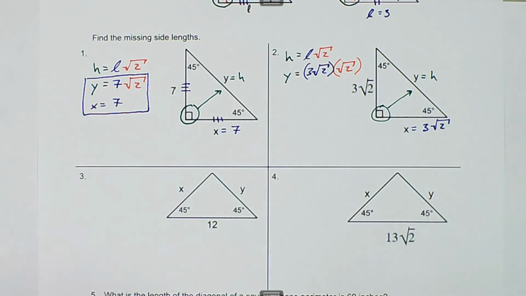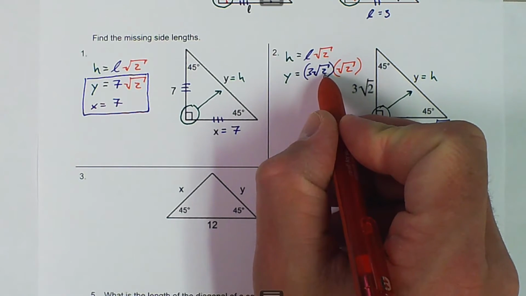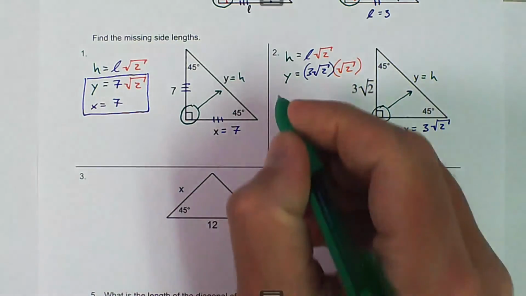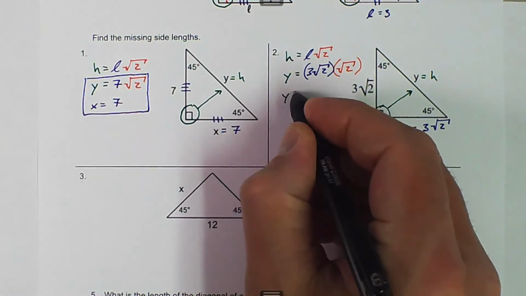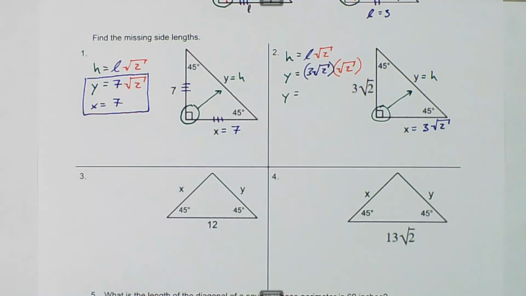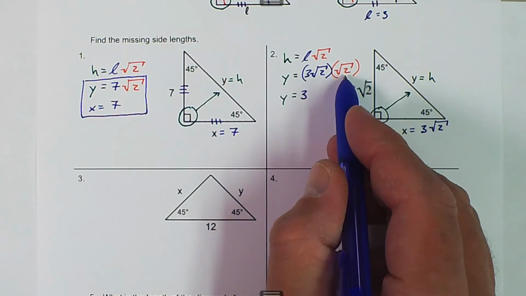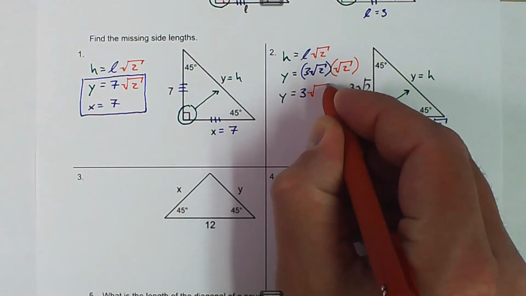So when we multiply this together, we're only going to multiply together the things that are under the radical. So we're going to be left with y equals 3, and then 2 times 2, we've got the square root of 4.